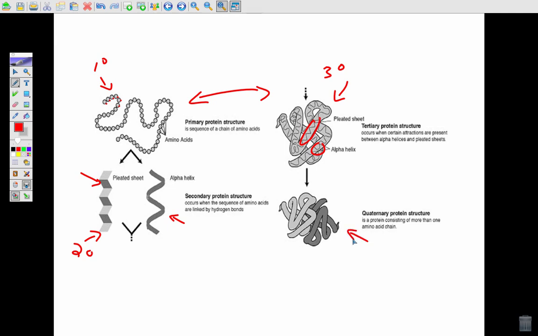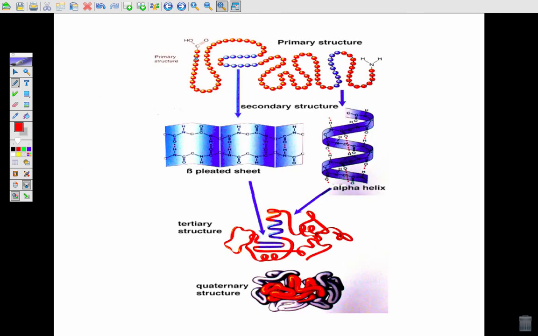And the quaternary structure is this, and you see we have one lightly shaded protein and a second darkly shaded protein. That's showing that this protein has 2 protein molecules in it.